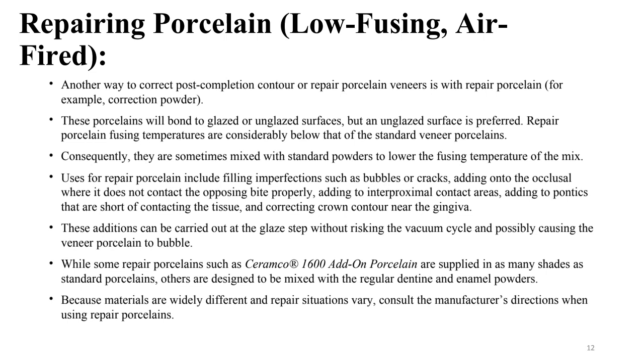If we add too much and use a program like a second bake, all the porcelain is going to shrink, right? So it's good to know, but we also have what's called an add-on porcelain that we can use without the vacuum, and it doesn't shrink that much, right?